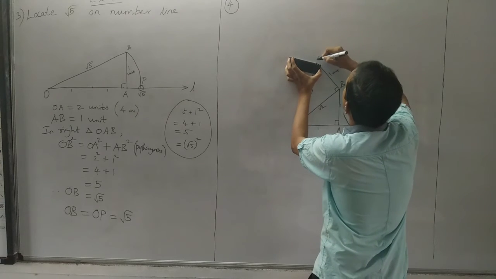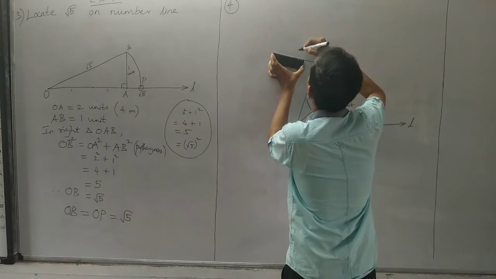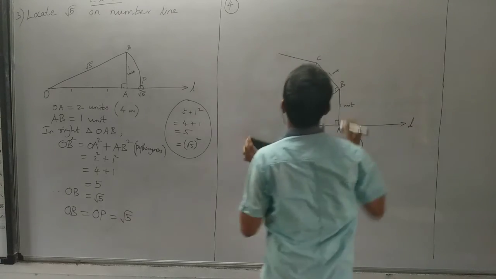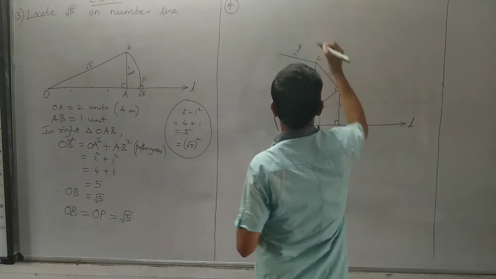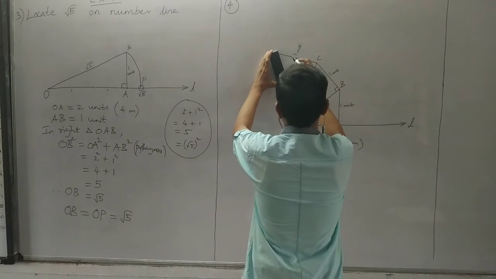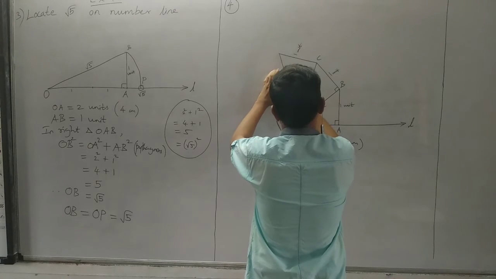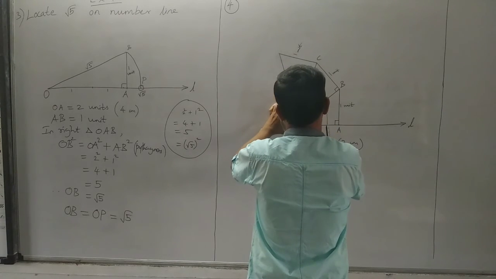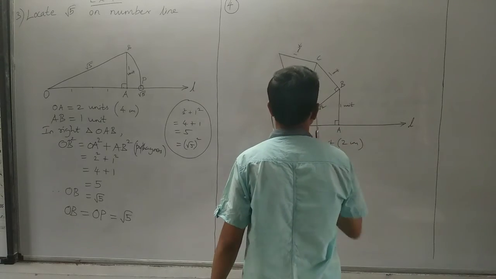Okay? So you have to take this up. This is also how much? 1 unit distance. And you join this.